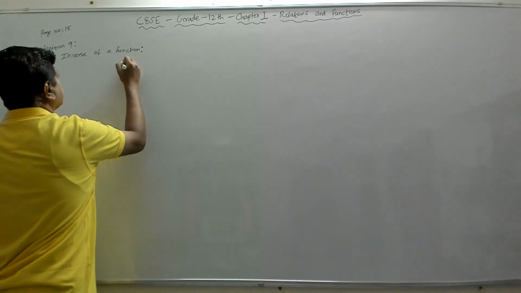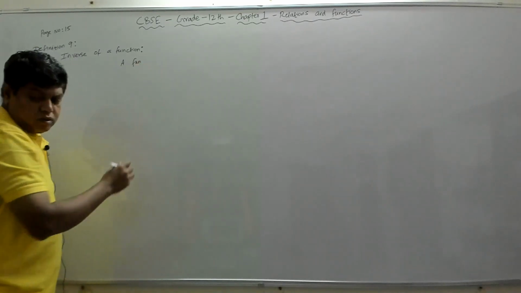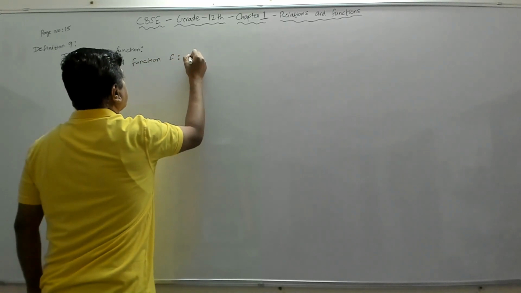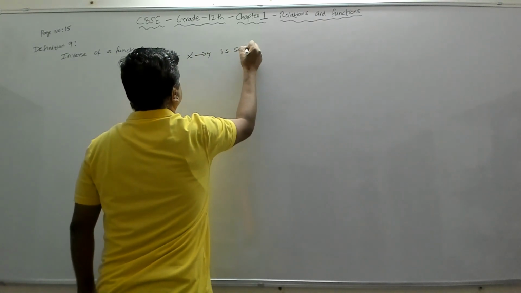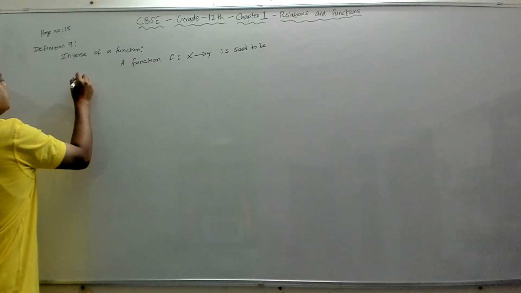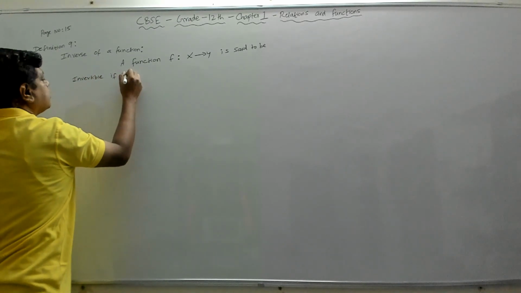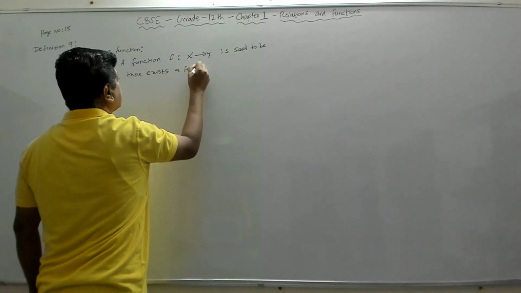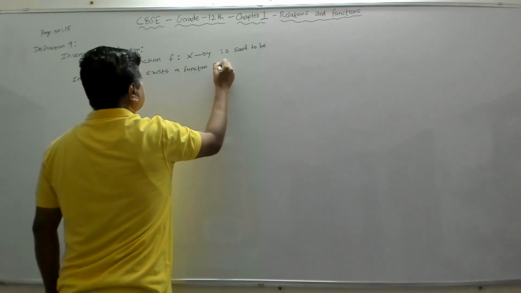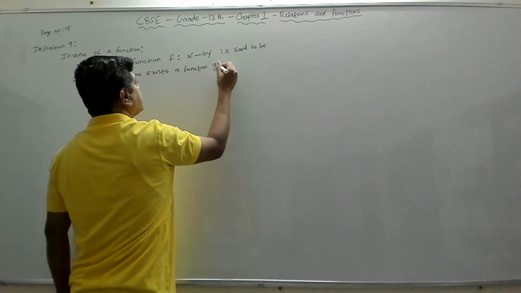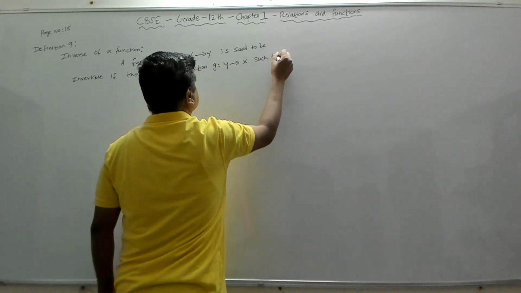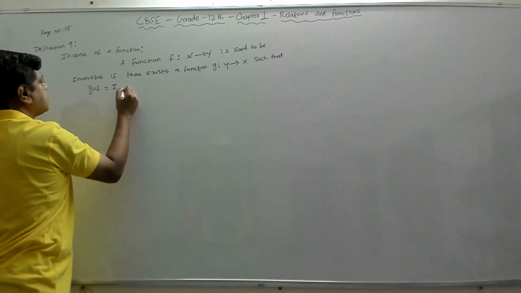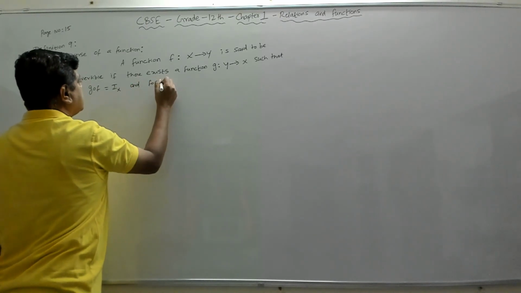So we'll say a function f from set X to set Y is said to be invertible if there exists a function g from Y to X, the reverse, Y to X, such that g of f equal to I X and f of g equal to I Y.